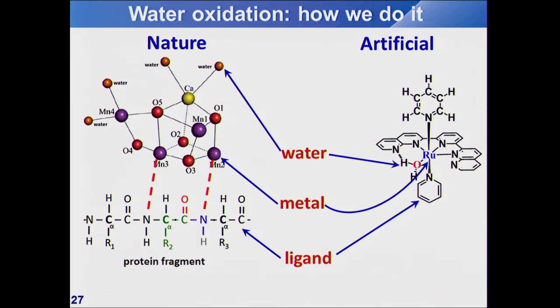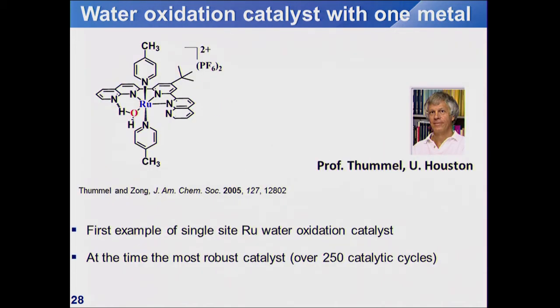They serve the same purpose in nature and in artificial environments: they stabilize the reactive metal. And we finally have the water molecule, which is attached to the metal center. These are the similarities, but the systems we study are more simple compared to the natural system.